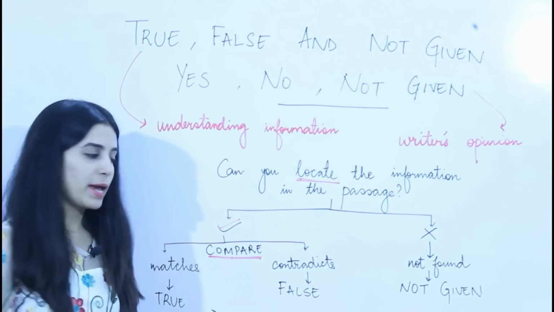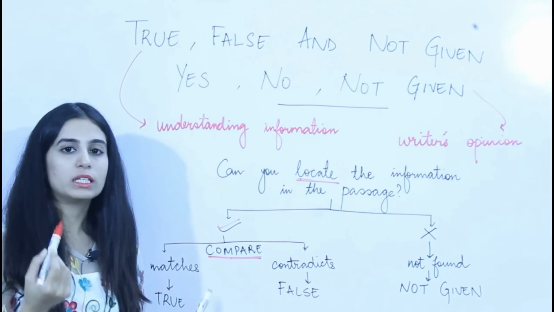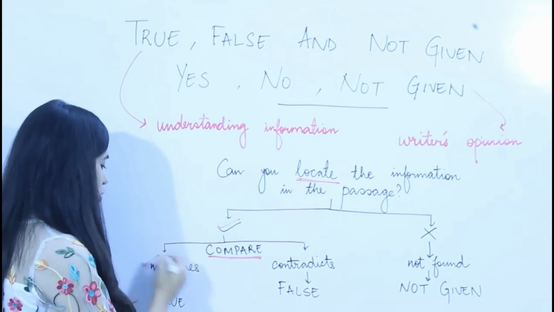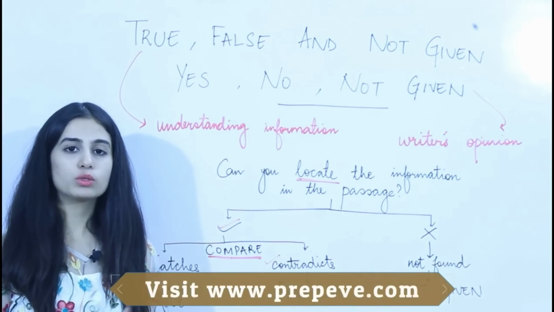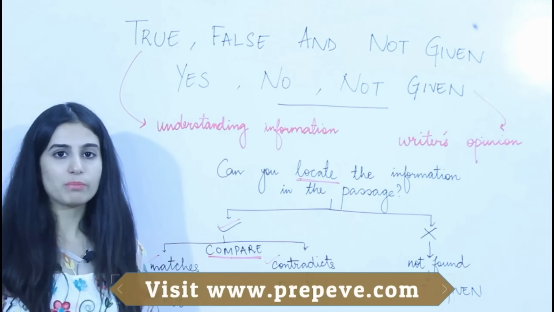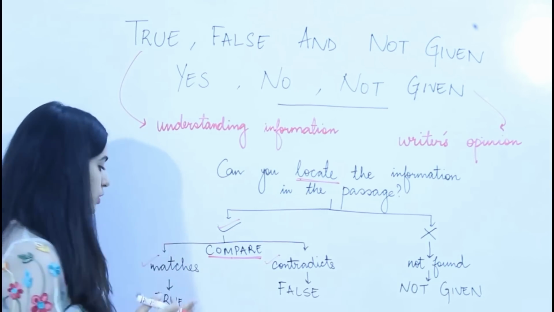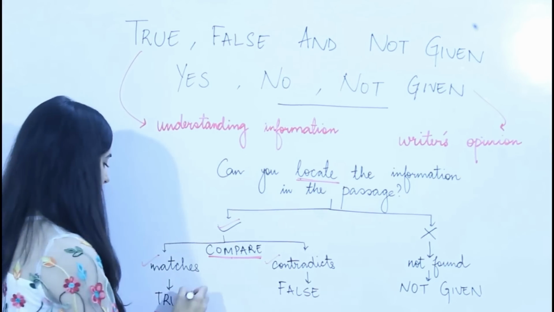Once you have compared the question and the sentence in your passage, you have to see whether it matches or it contradicts. If the two sentences in the question and the passage match each other or conform to each other, then your answer will be true or yes.